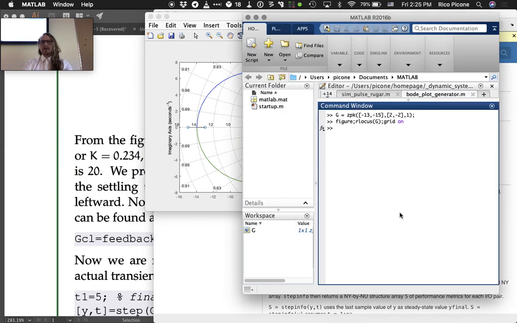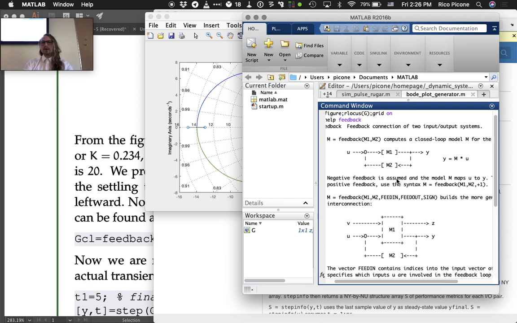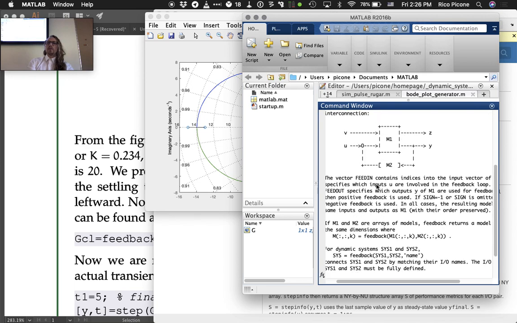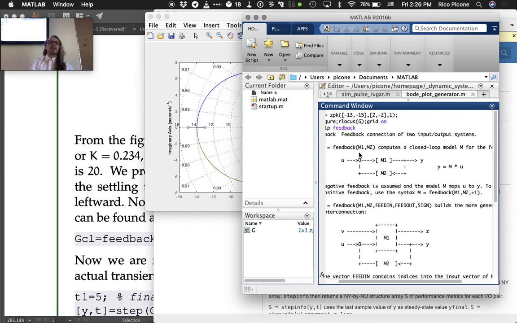So if you come here and you say help feedback, it will show you that, if you have a transfer function in the forward path, which we do, our gain controller times the plant, and you have a transfer function in the reverse path, M2, which for us is just 1, just unity feedback, then you can find the closed loop transfer function by using this feedback command.